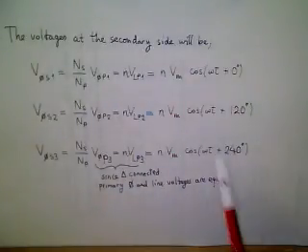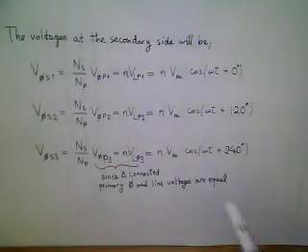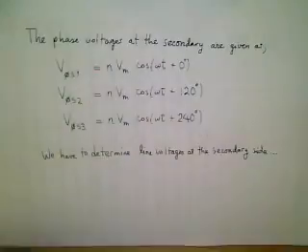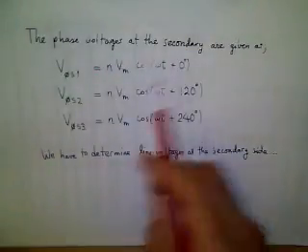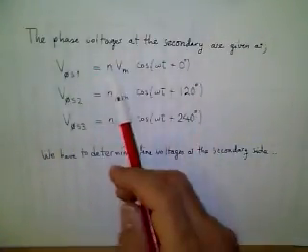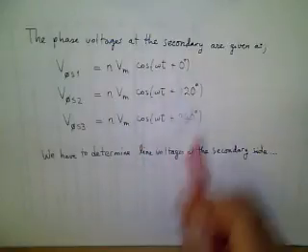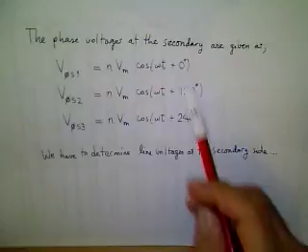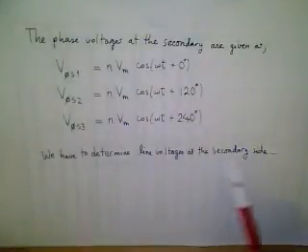Secondary phase and line voltages should be defined. The phase voltages at the secondary will be given as turns ratio times amplitude times cosines, and these three phasors are separated by 120 degrees.